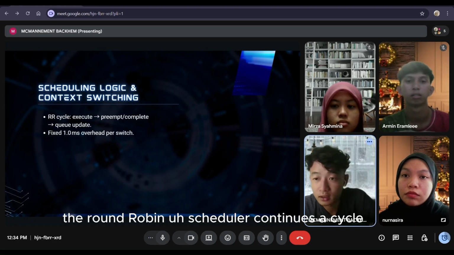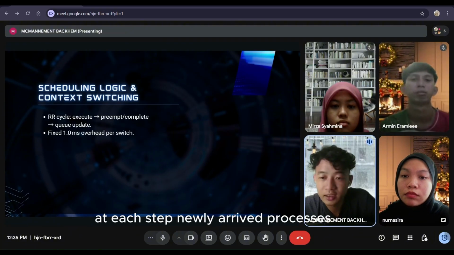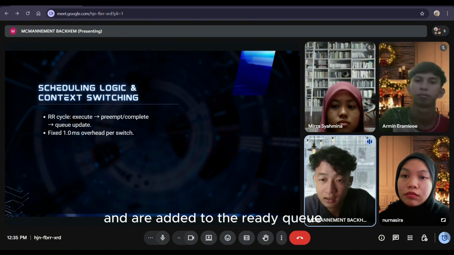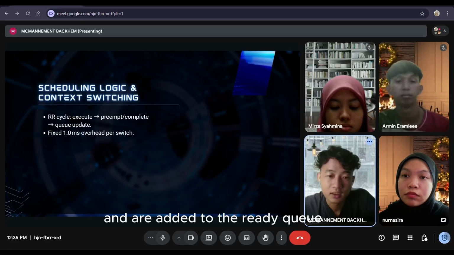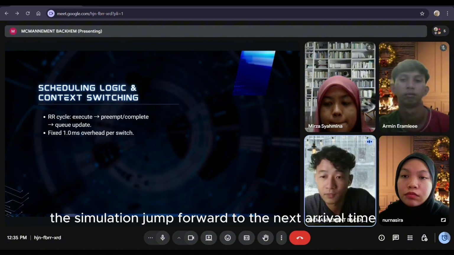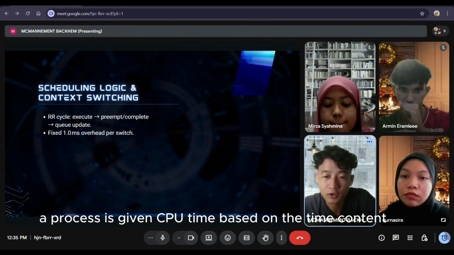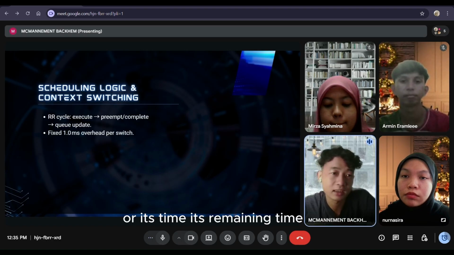The round robin scheduler runs in a cycle. At each step, newly arrived processes are added to the ready queue. If the queue is empty, the simulation jumps forward to the next arrival time. Otherwise, a process is given CPU time based on the time quantum or its remaining time.